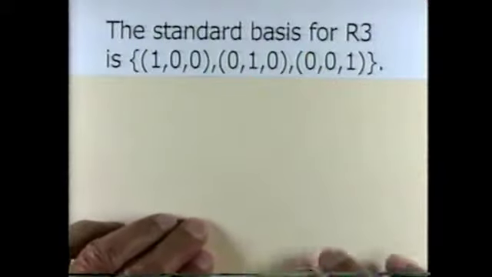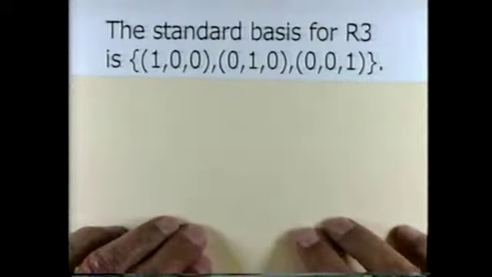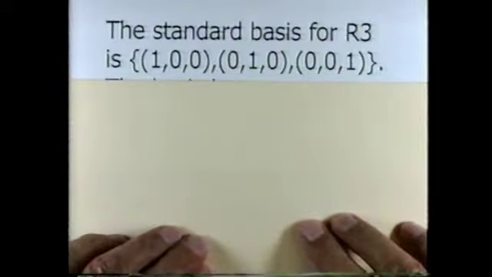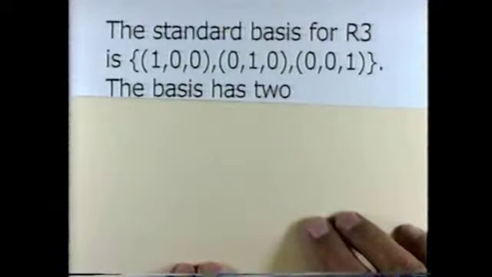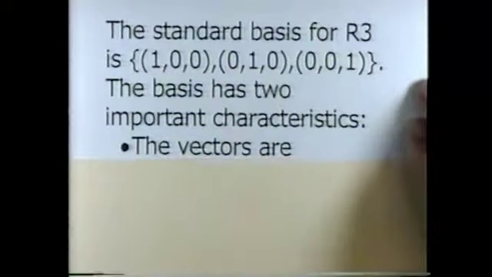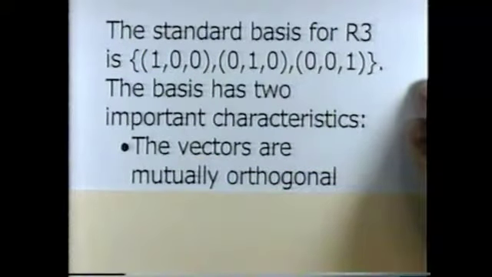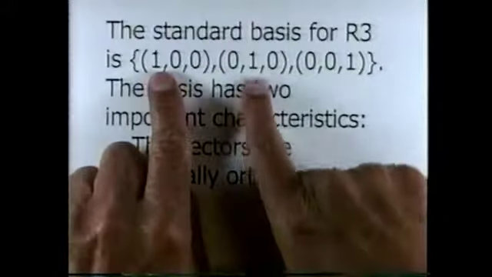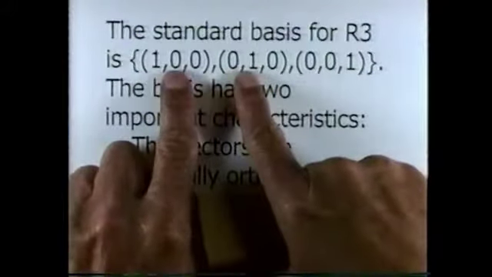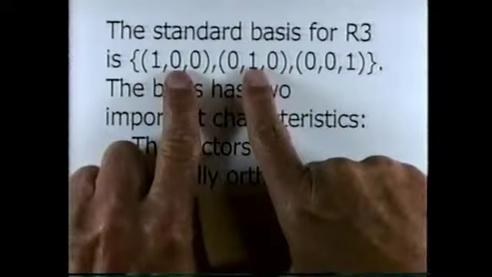Recall that the standard basis for 3-space is (1, 0, 0), (0, 1, 0), (0, 0, 1). The basis has two important characteristics. The first is that the vectors are mutually orthogonal, because if we do the dot product of the first two, 1 times 0 plus 0 times 1 plus 0 times 0, we get 0.